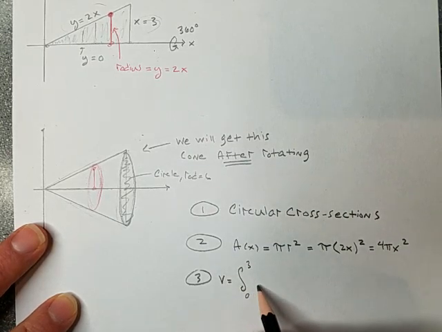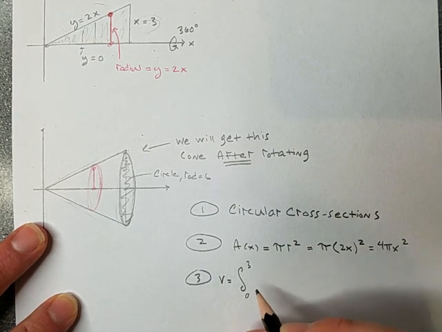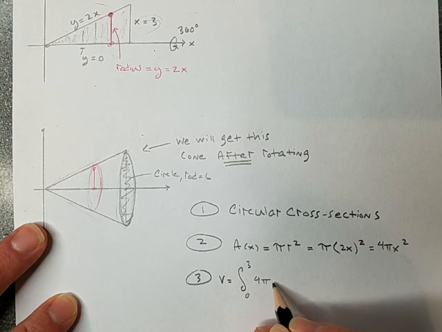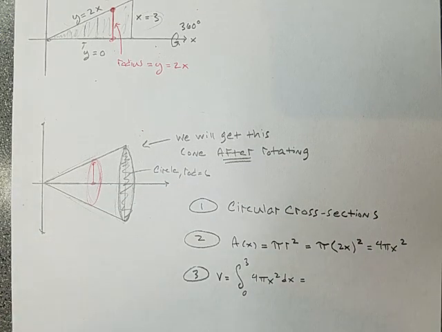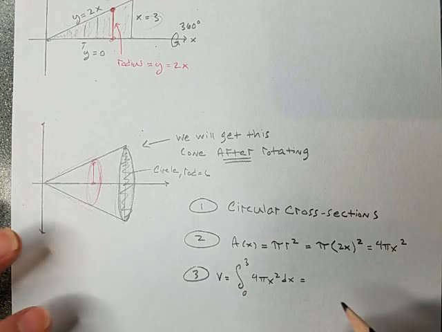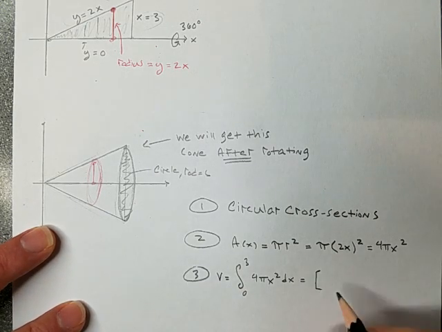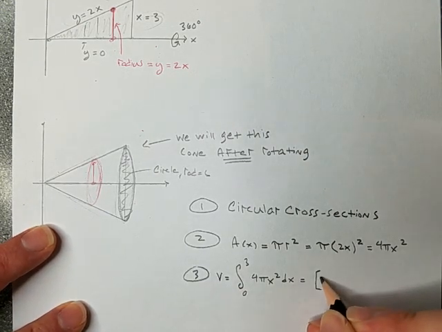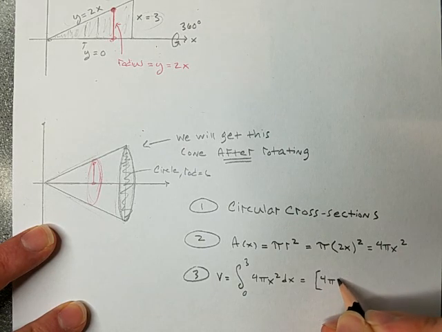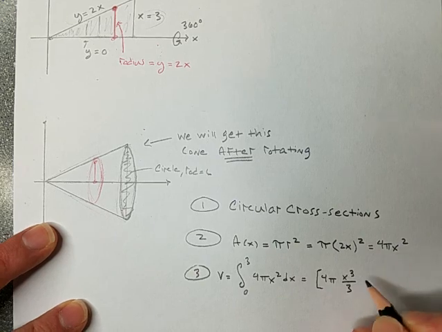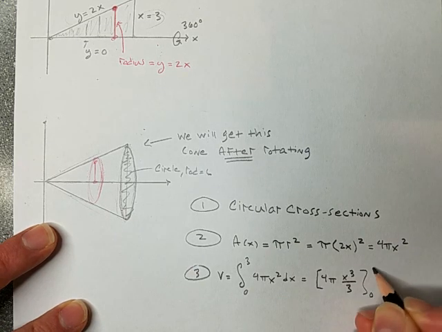And then you put your A of x formula here. That's 4 pi x squared. And then we work this integral the way you would work any integral. We get the antiderivative of 4 pi x squared, so that's going to be 4 pi x to the 3rd power over 3. And then we want to take that from 0 to 3.